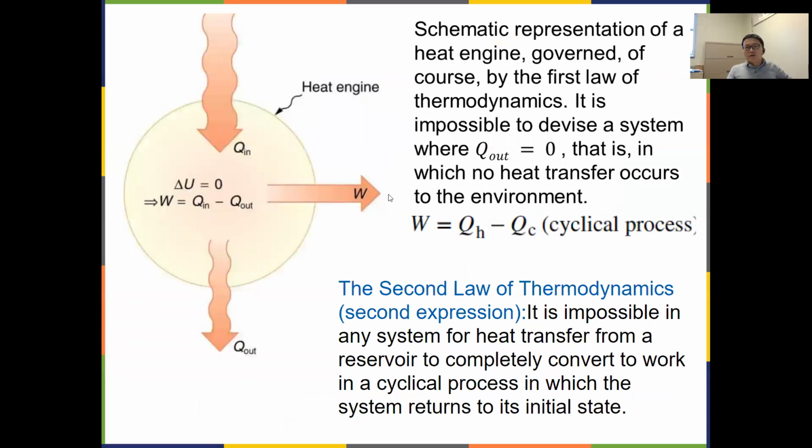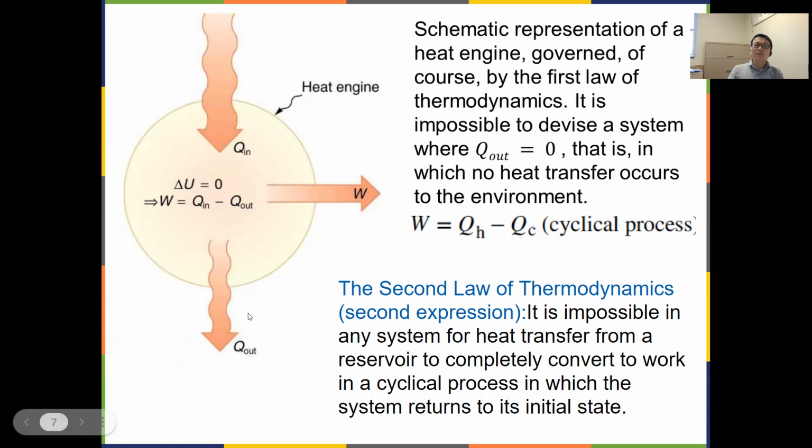All right, so for an engine, mathematically, it's very easy. The heat taken in splits into two, right? Q out and W. We are focusing on what will be the W. So W will be equal to the difference between Q in and Q out. So QH minus QC, where QH is Q from the hot object, which is Q in, and QC is equal to Q out to the cold object.